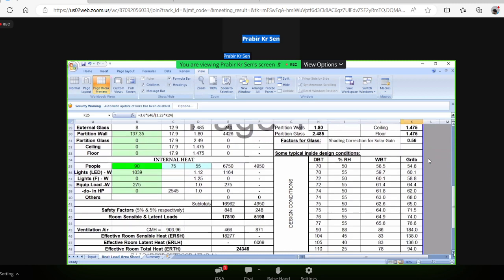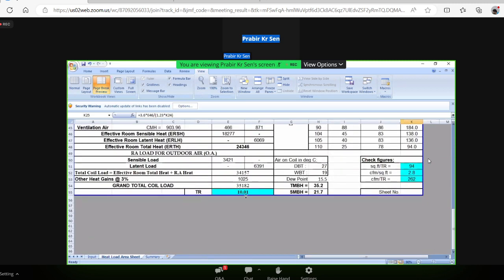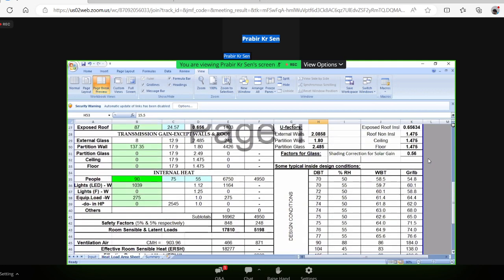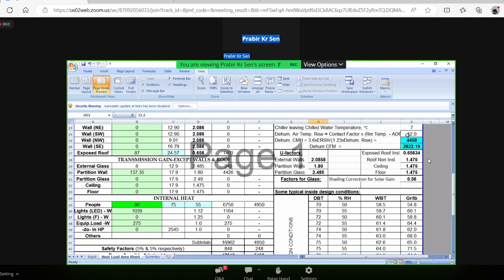So I get the dehumidified air quantity and my tonnage, and here the dew point of the return air is also calculated. It is 15.5 degrees centigrade. I have set my cooling coil apparatus dew point as 12 degrees centigrade, so it is lower than the dew point of the return air. So there will be enough condensation and the room latent heat will be taken out properly.